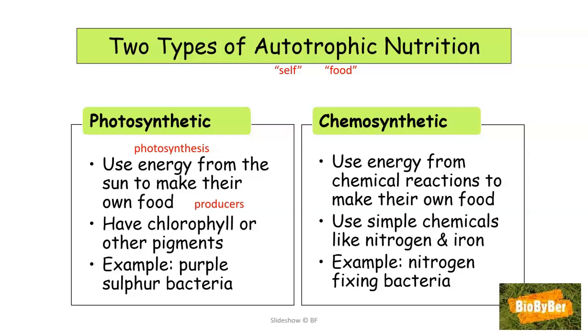Other chemosynthetic bacteria use nitrogen to make their own food. These nitrogen-fixing bacteria are very important bacteria in nature. They are able to take the atmospheric nitrogen and turn it into a useful form. In other words, they can convert atmospheric nitrogen into nitrates.